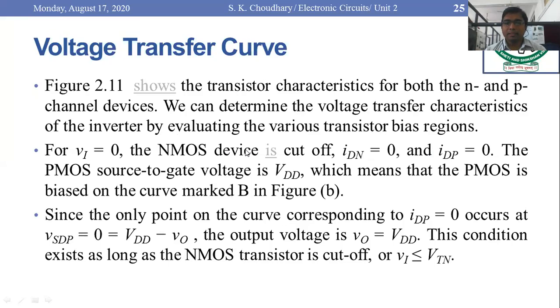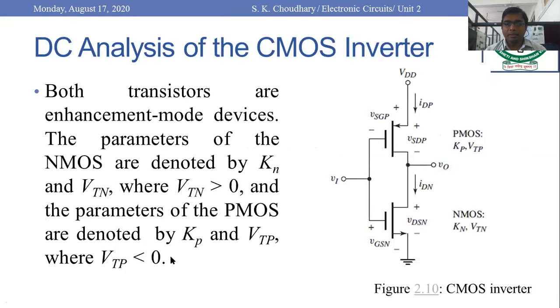If I want to represent this condition with the help of a circuit diagram, as discussed in the last lecture, it is like that. Here you can easily see that when Vi is equal to 0, your NMOS is in cutoff, meaning it is not conducting, and only the PMOS is conducting.